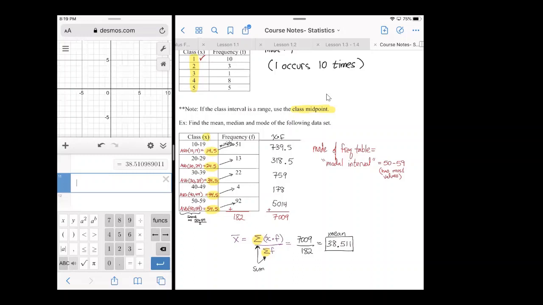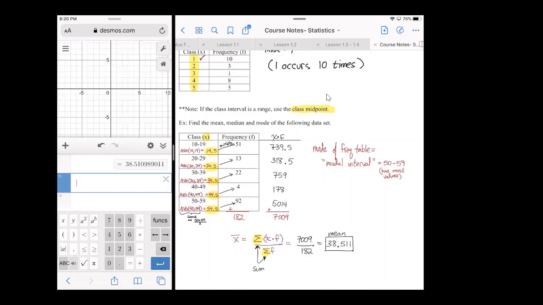In the 50 to 59 range, maybe 10 of the values are 50, 9 of the values are 51, 8 of the values are 52, 17 of the values are 53, 12 of the values are 54, and so on until we get to a total of 92 values in that interval. We're never going to get even close to 51 of any particular number, but the interval itself contains the most values overall. So there's a difference between the two.